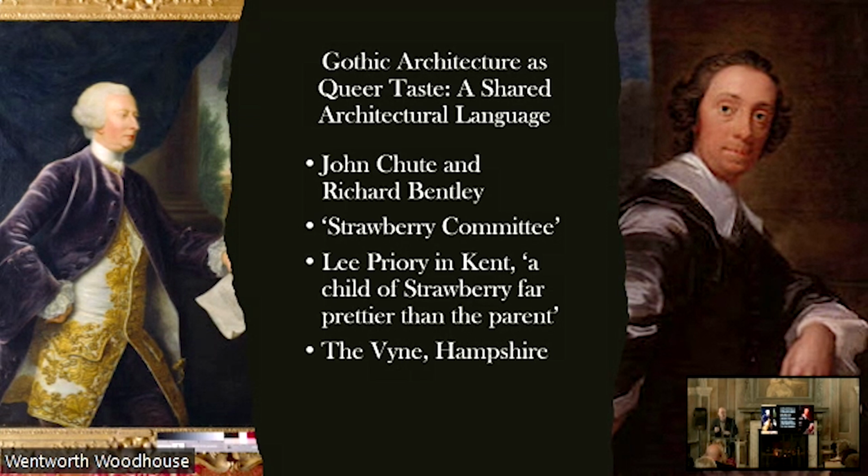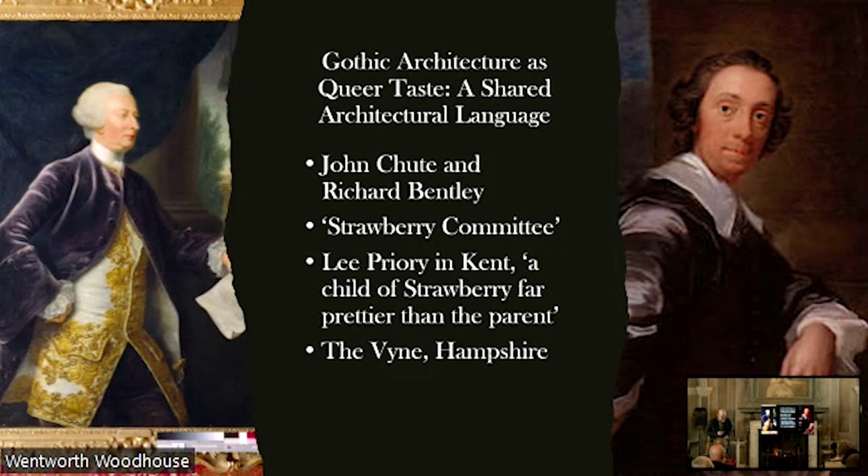Members of his so-called Strawberry Committee were these friends of his with whom he worked on the Gothicizing of Strawberry Hill collaboratively. Walpole was what we would now describe as a homosexual man, a gay man, and perhaps his queer choice of the Gothic architectural style was a coded means of expressing his queer sexual identity. It is one line of argument in Walpole's studies.